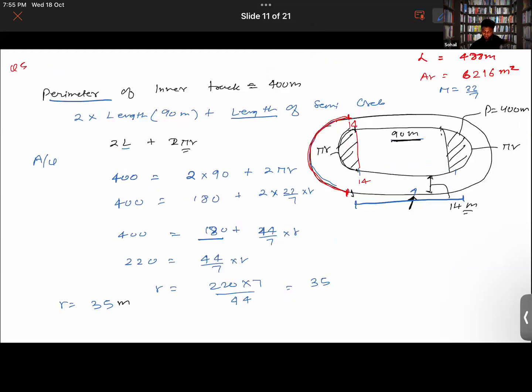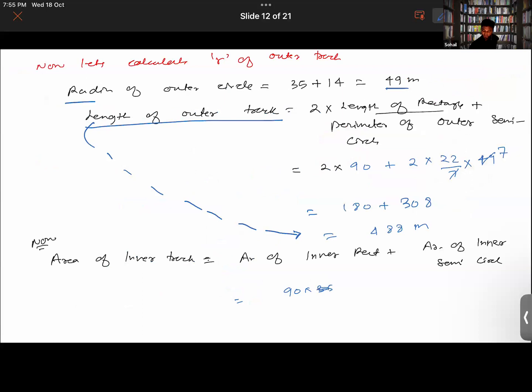Sorry, the breadth, it's going to be 70 now. हमने क्या find किया है? Yes, since we have found out the diameter here now, it has to be 90 into 70.